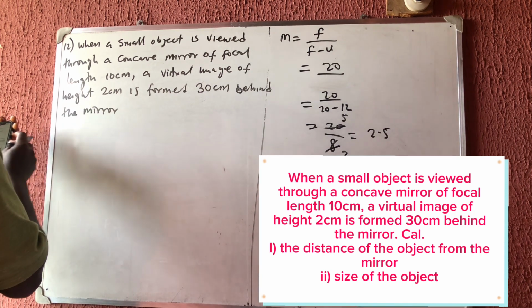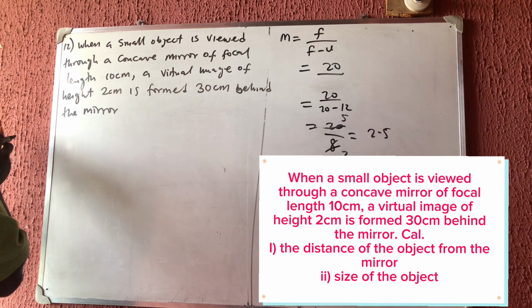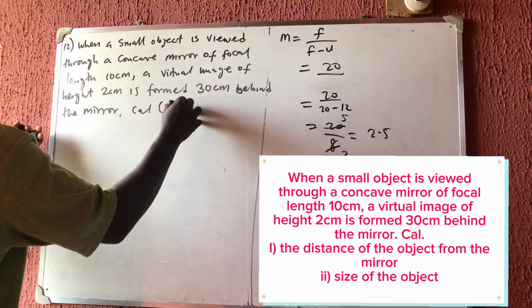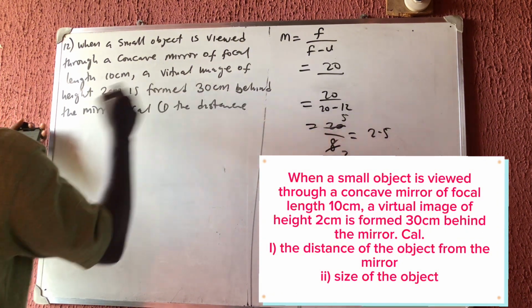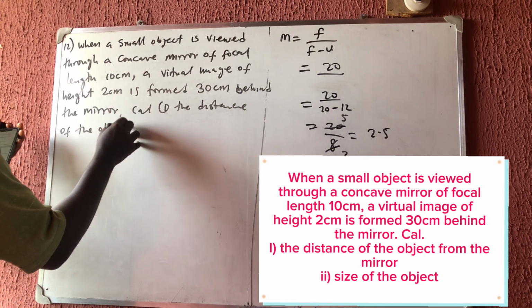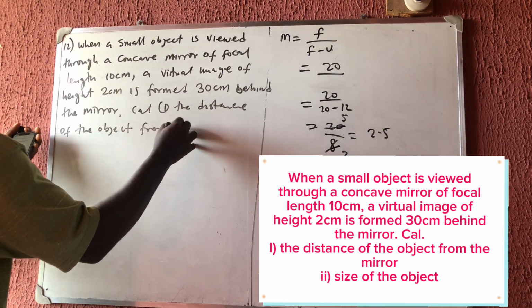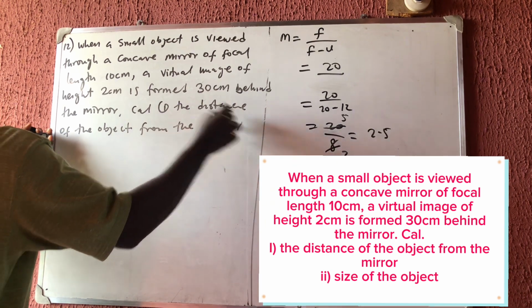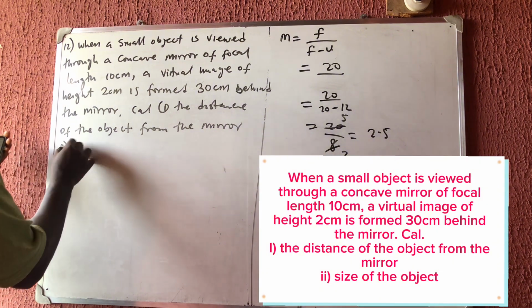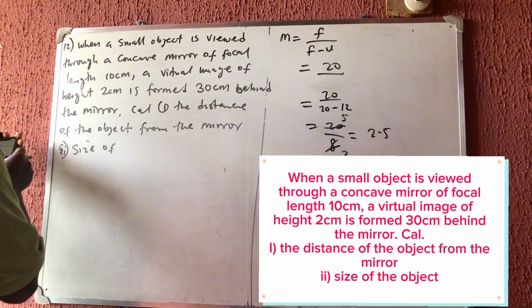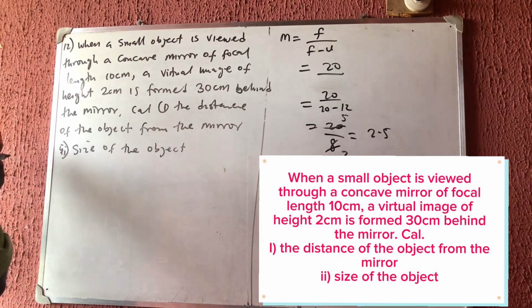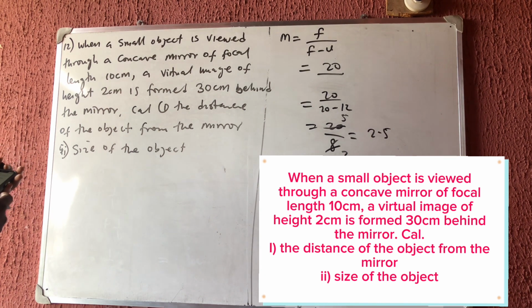Okay, they now say calculate (i) the distance of the object from the mirror, (ii) the size of the object.